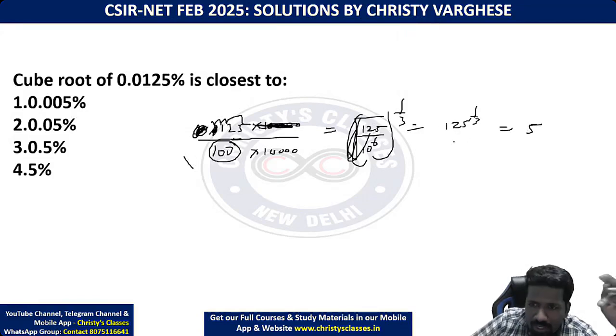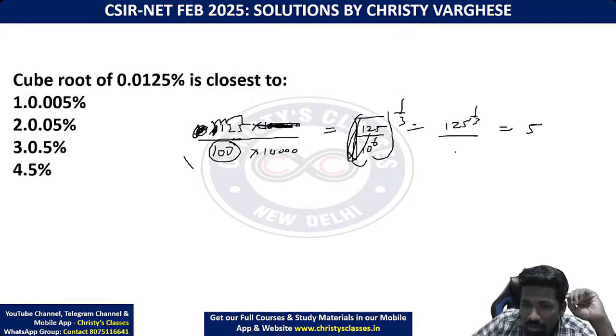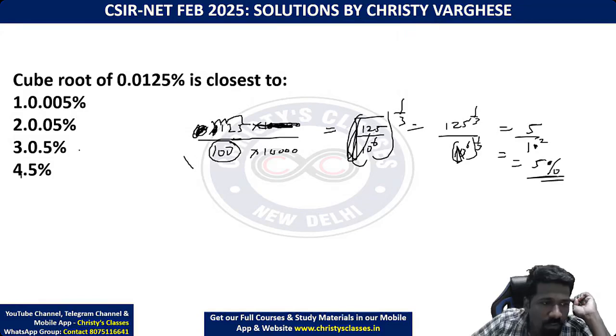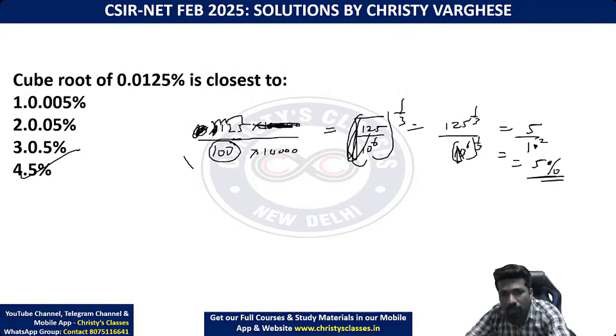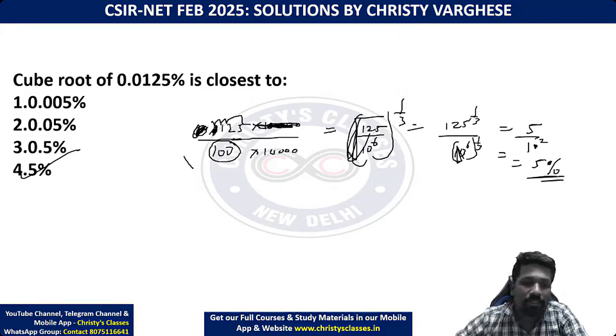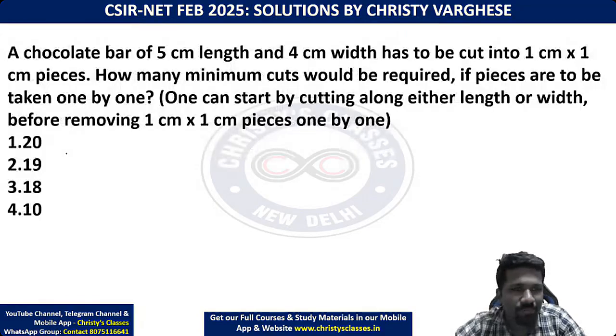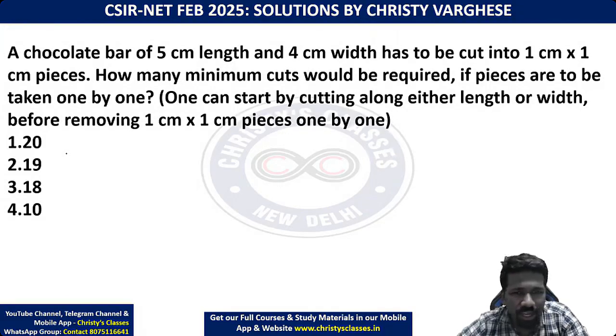You can directly write like that. You don't have to write 5 raised to 3 raised to 1 by 3. And 10 raised to 6 raised to 1 by 3 is what? 10 raised to 2, which is 100. So 5 by 100, that means 5%. 5%, fourth option. Clear? So that's it. This is a repetition question again.